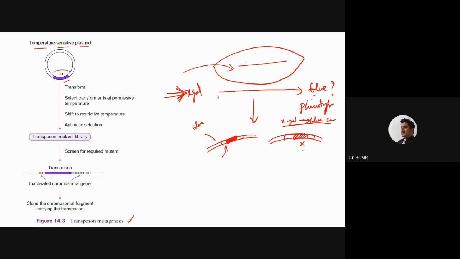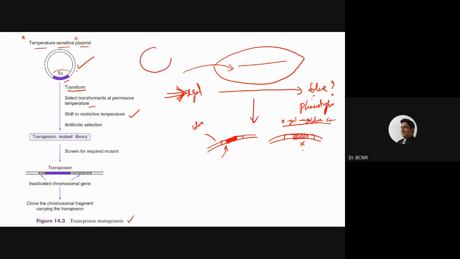Okay, let's see how we can do it. So I hope you understood this. You take this plasmid which has the transposon, you transform it, and then you allow the transformants to grow, and then you change to the restrictive temperature. Here a temperature sensitive plasmid is taken.